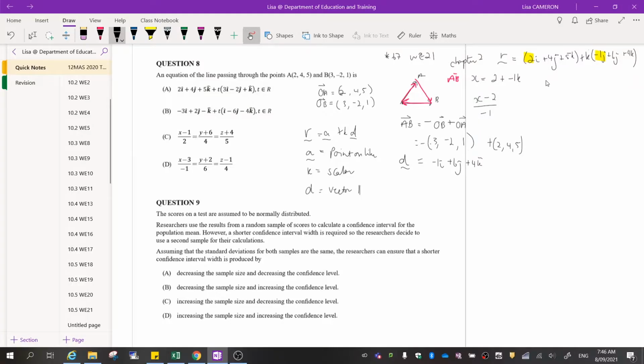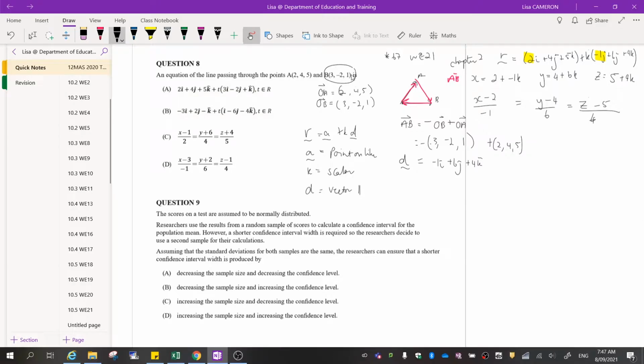Then y is equal to 4 plus 6k, so y minus 4 divided by 6. For z, I've got 5 plus 4k, so z minus 5 divided by 4. Does this match any of them? No, it doesn't.